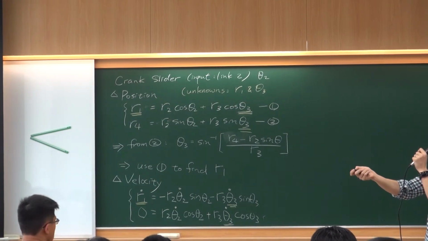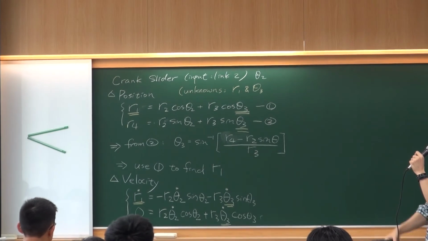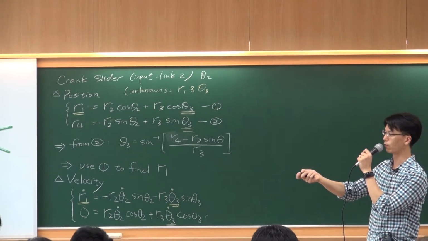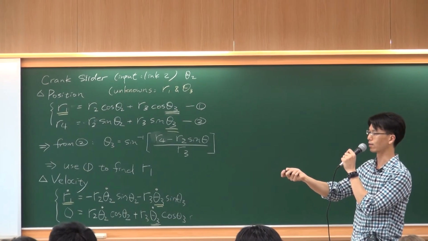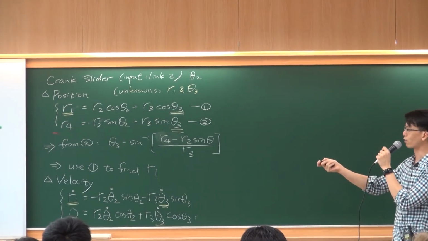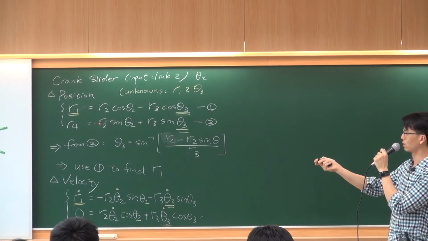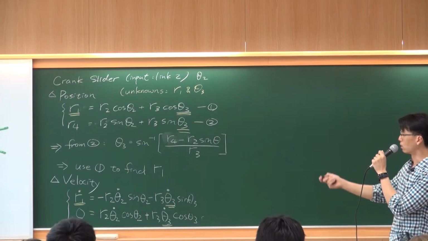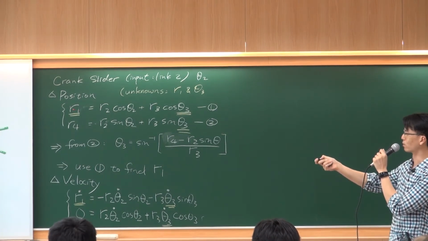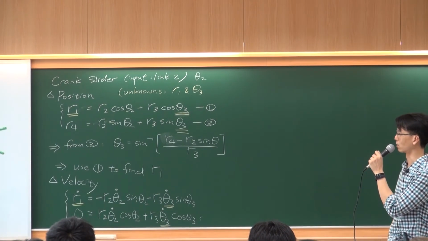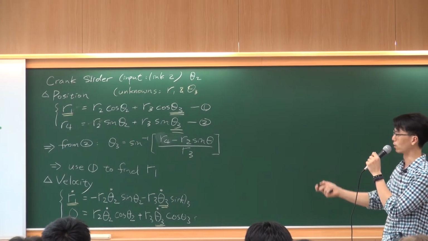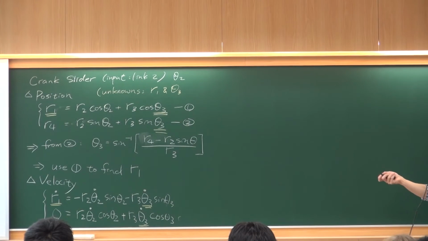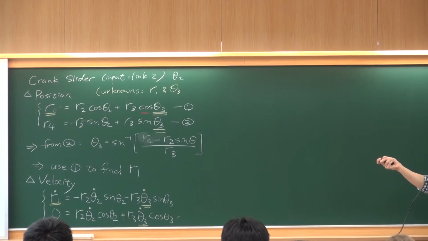No matter how it moves, R4 is not going to move. It's just a constant. You can measure the value of R4 once you get this mechanism. So R4, R2, theta 2, and R3 are known, and we found there are only two unknowns, R1 and theta 3, for these two equations. So these two equations should help us determine the values of R1 and theta 3.